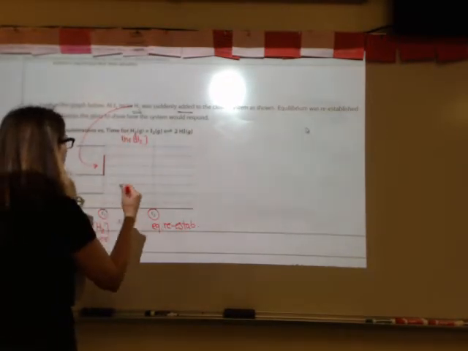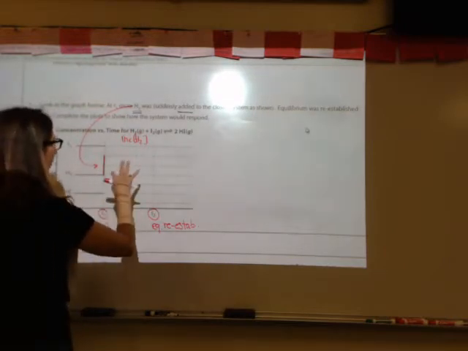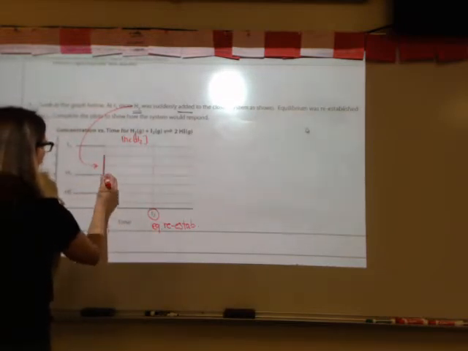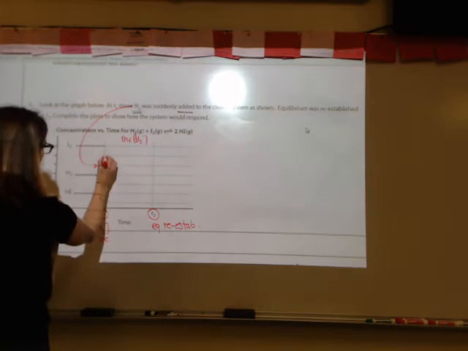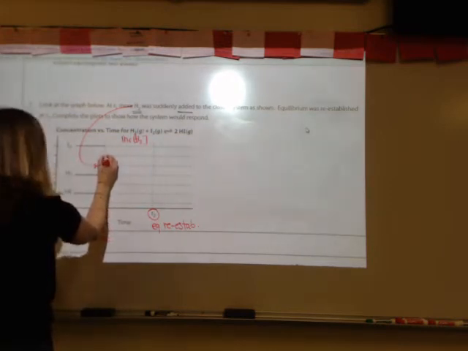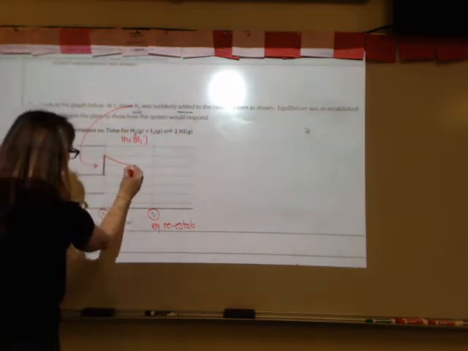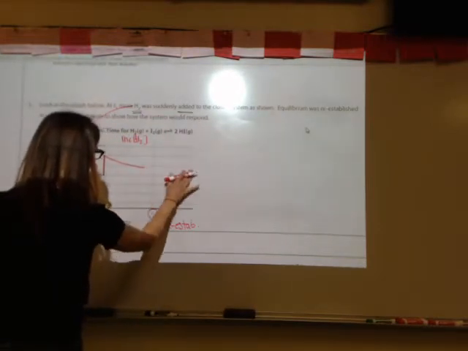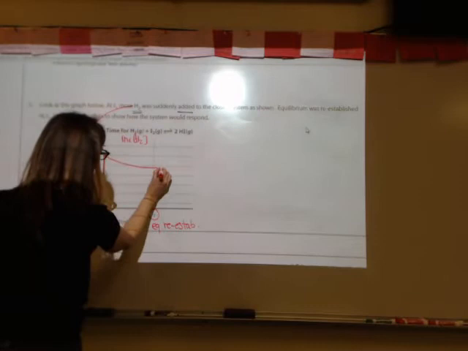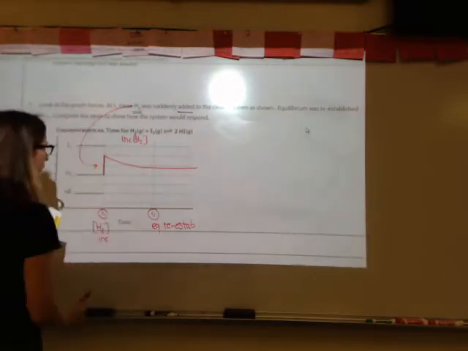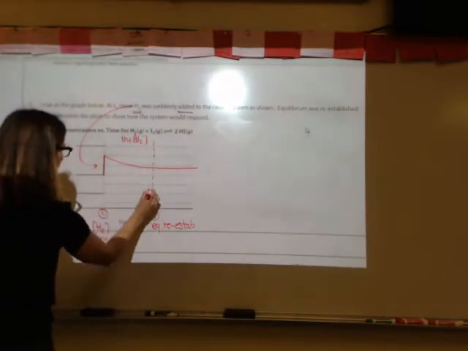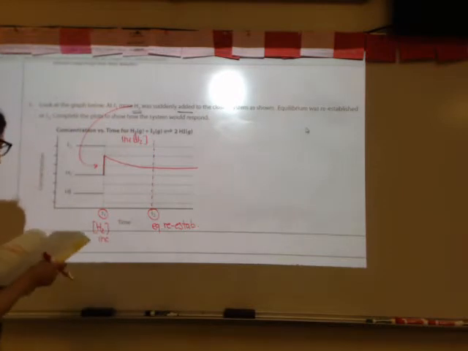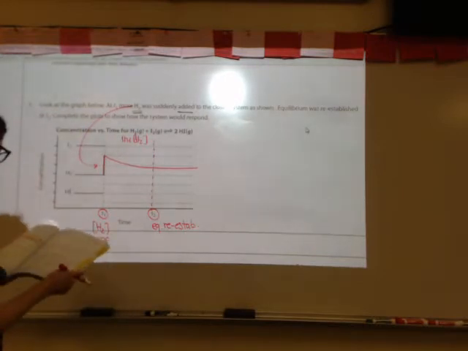I will never consume all of it. So that means that over time, this concentration is going to be decreasing to a point where, I should probably draw that a little bit better, when you get to T2, it has to be leveled off, okay? That's T2. So I'm consuming some of it, but not all of it.